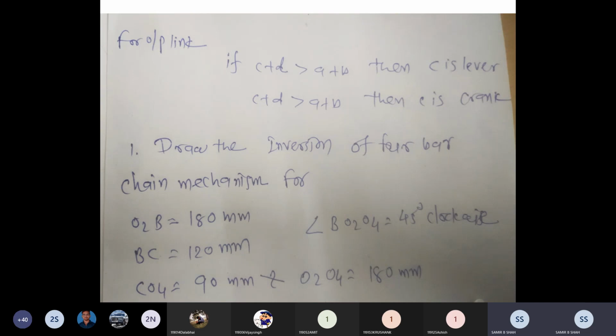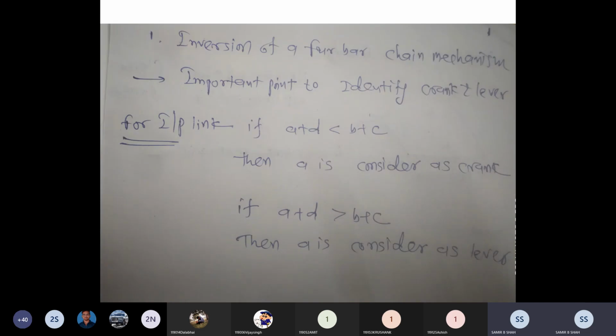So we are getting in total, if we focus on the input and output link, that with input crank, simultaneously we get the output either crank or lever, right? So crank-lever mechanism, same way lever-crank mechanism and so on.